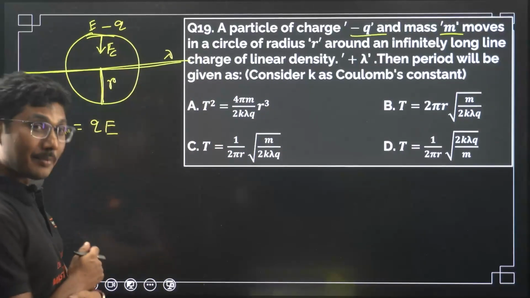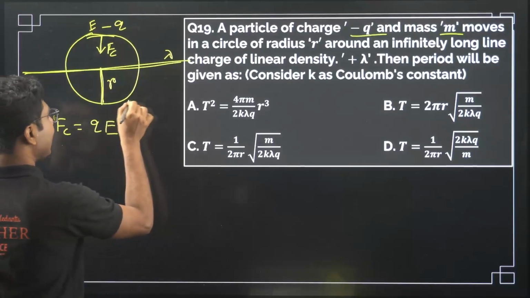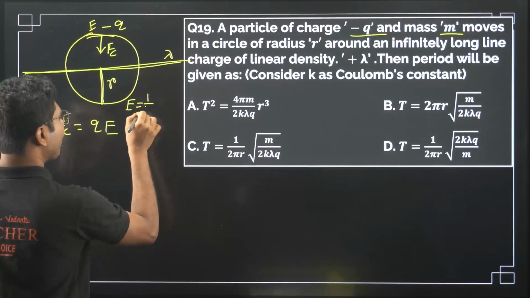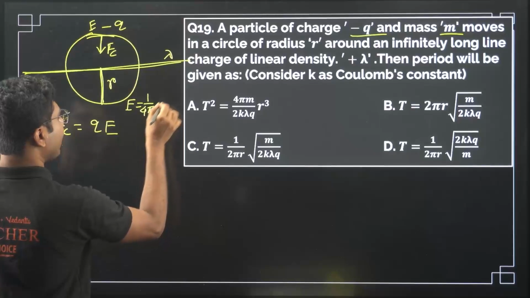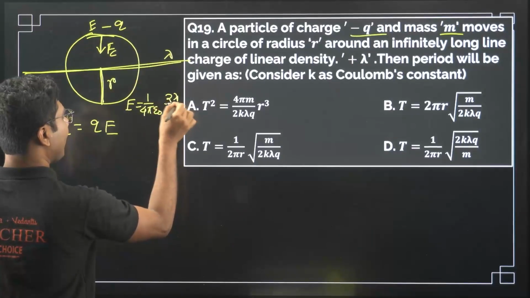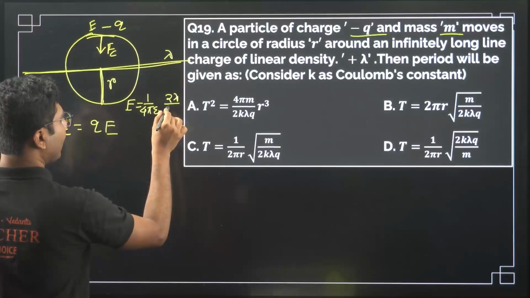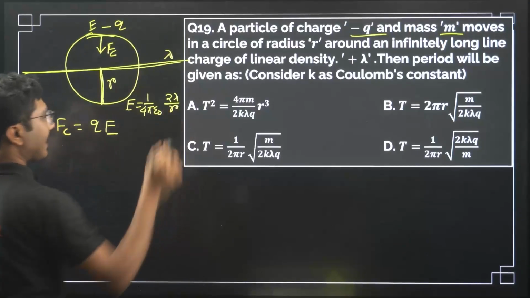Coulomb constant means 1 by 4 pi epsilon naught. So electric field is given by 1 by 4 pi epsilon naught 2 lambda by r, right? That was the formula.